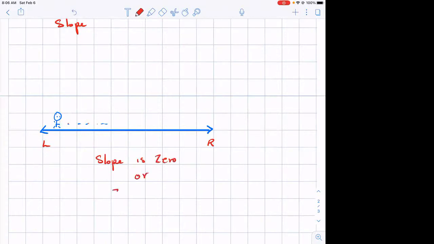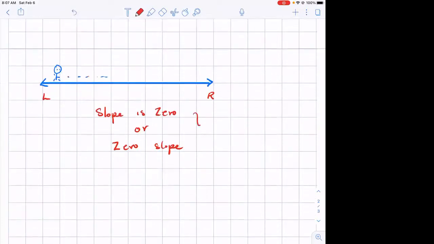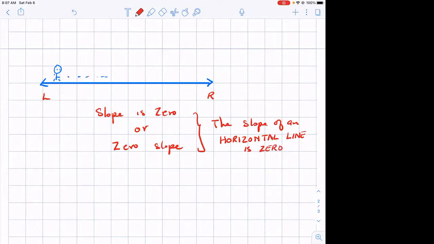Or sometimes we say 0 slope. So basically, a summary here is that the slope of any horizontal line is 0. The slope of any horizontal line is 0.